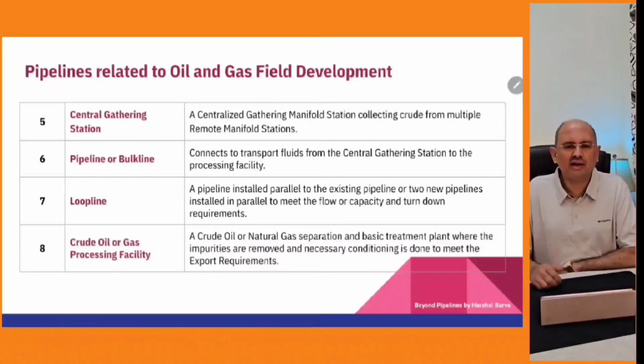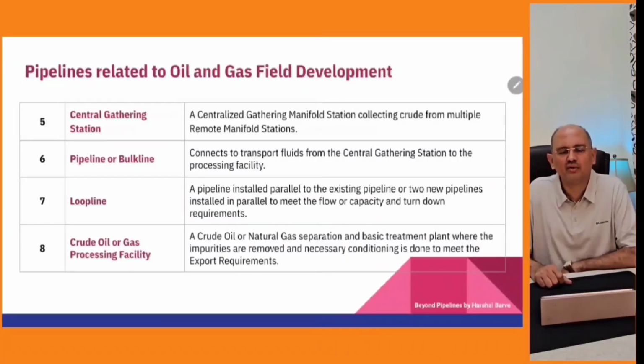Now we'll see the processing facility, which is basically getting all this crude oil or natural gas, removing the impurities and then making it suitable for export quality. Conditioning is done, making it suitable for the export facility so that the export lines can then take the crude further to the export terminals or distribution to the various locations required.